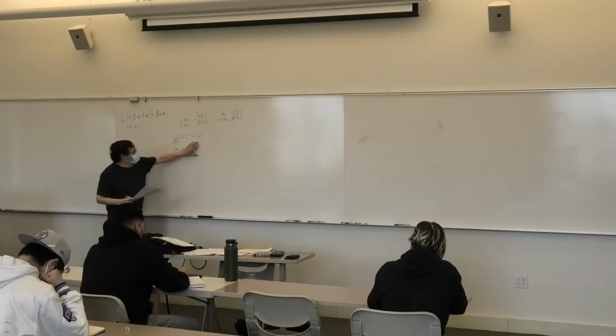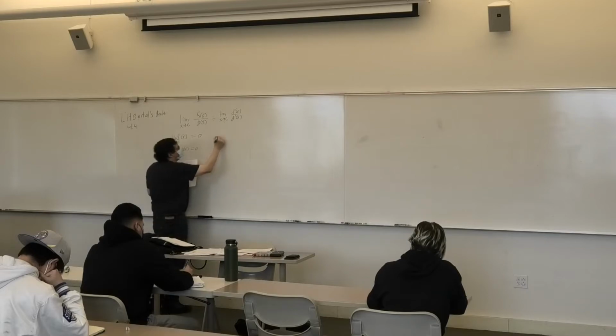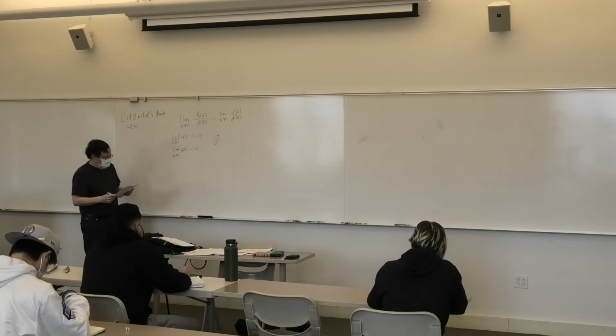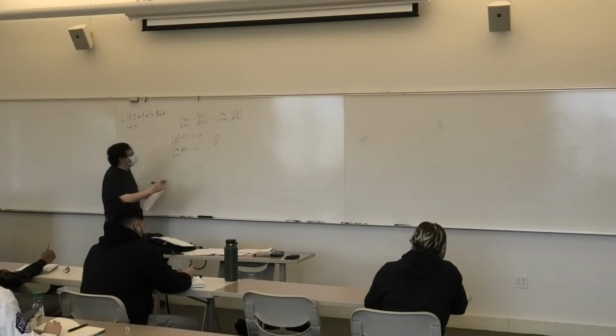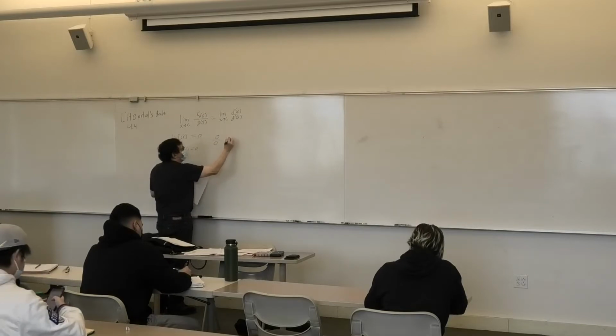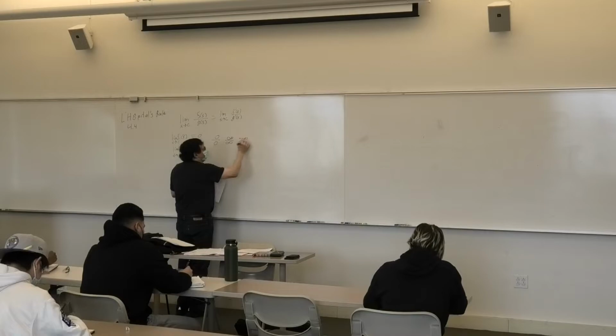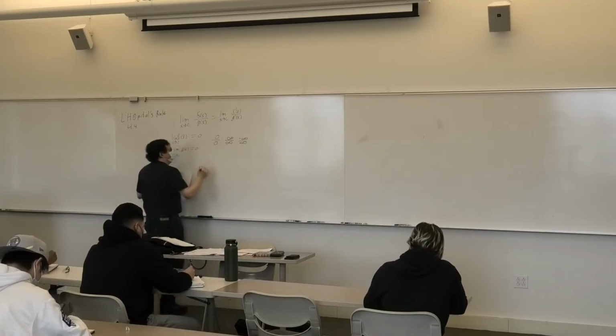Now, this condition is that the limit goes to an indeterminate form. We saw a number of them. Infinity over infinity, negative infinity over infinity.